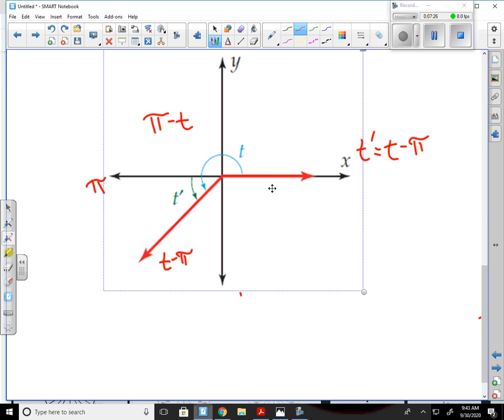And if it's in the fourth quadrant, we do 2 pi minus t. And that will work every time. If we're able to find reference angles easily, it will make it so that we don't have to memorize the whole table.